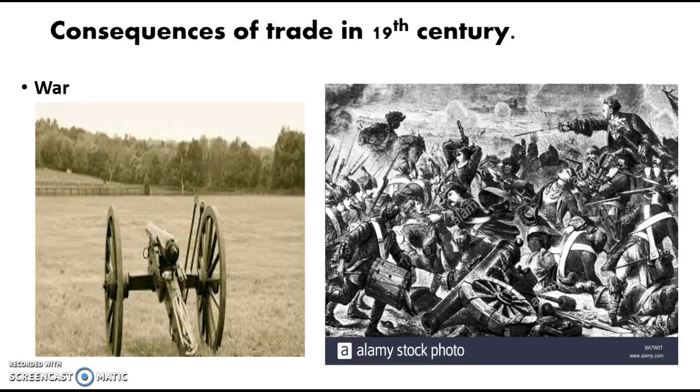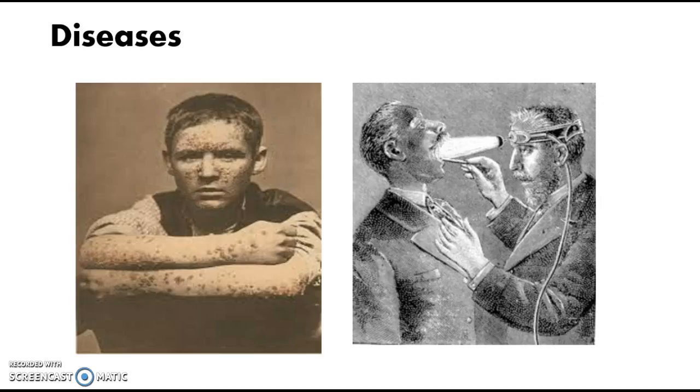There was an exchange of fighting, and this led to a lot of loss of life, and this was a very big consequence of the trade in the 19th century.